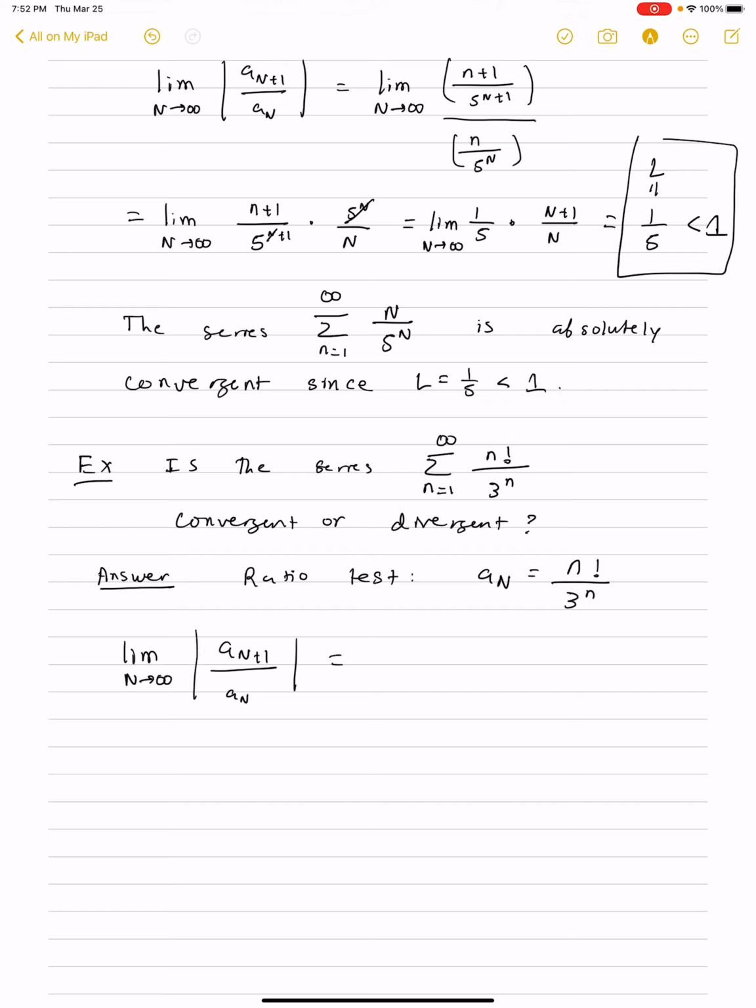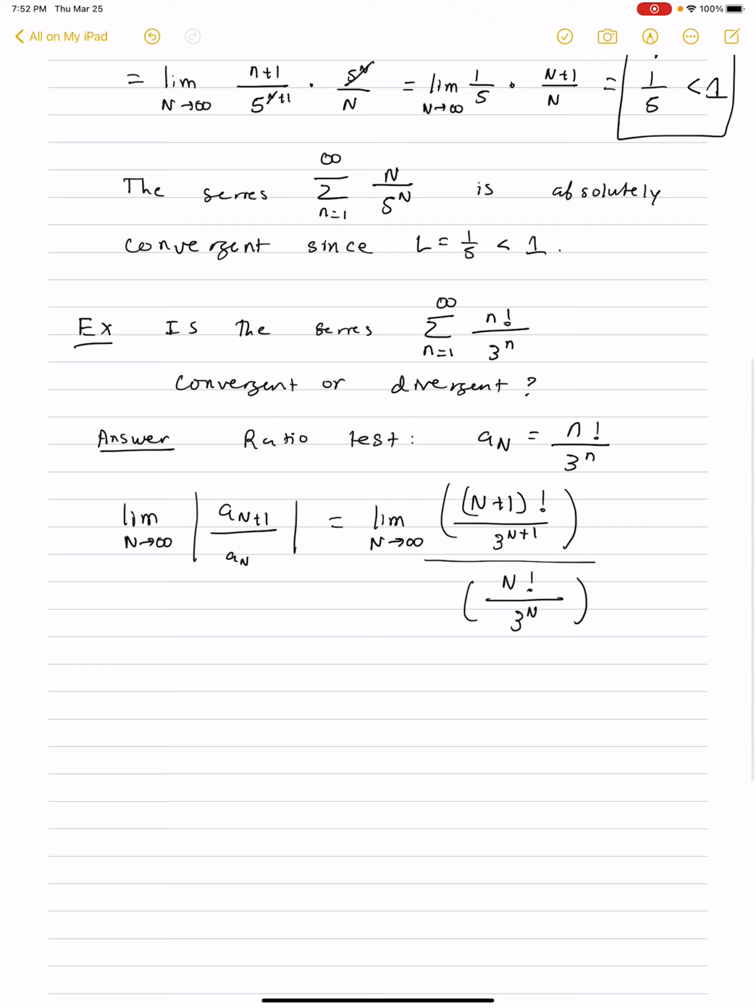Okay. So we're going to compute this limit of (n+1) factorial divided by 3^n divided by n factorial, and I apologize, in the numerator here that's 3^(n+1) over 3^n in the denominator here.